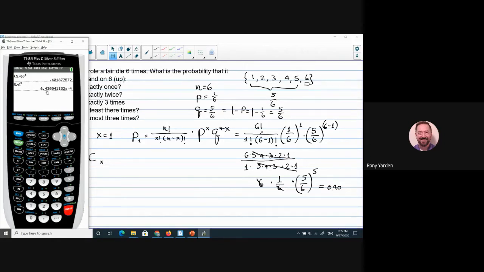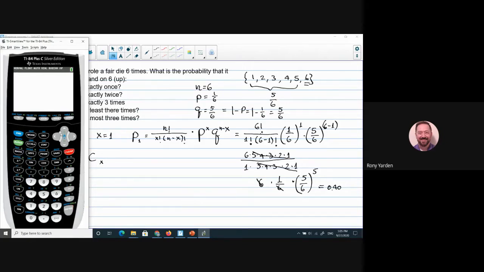You see 6.43 times 10 to the negative 4. So the number here doesn't matter if it's small or large, it's just the wrong number. So make sure that when you have a fraction to the power, it must be entered with parentheses into the calculator. Okay, let's clear that.